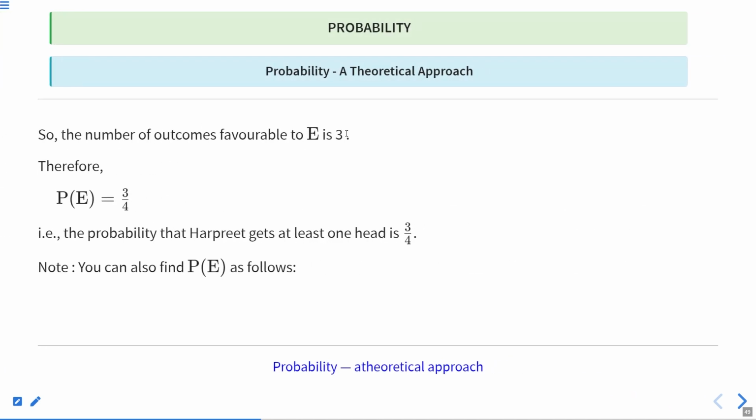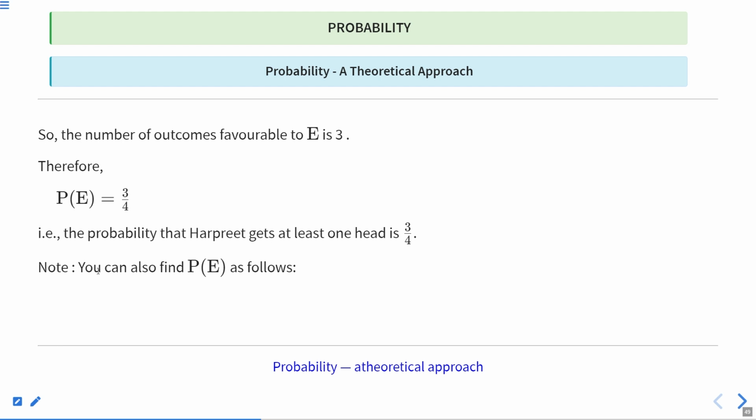So the number of outcomes favorable to E is 3, and therefore probability of E is equal to the number of outcomes favorable to E divided by the total number of possible outcomes. So probability of E is equal to 3 by 4. That is, the probability that Harpreet gets at least one head is 3 by 4.